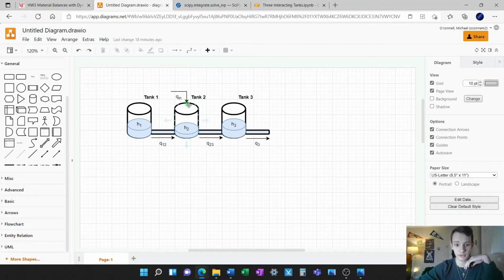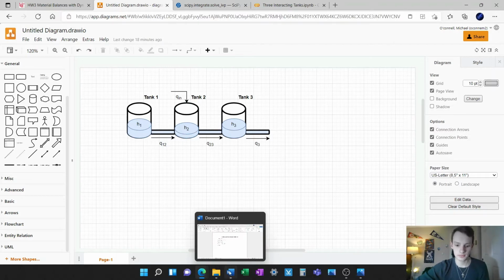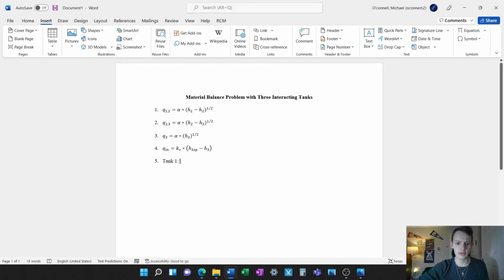And that's going to be true for all of these. So if we're going to make differential equations for the flow for each tank, or going into each tank specifically, then let's make our left-hand side just that, and that's going to be the volumetric flow. Now, what is that going to look like?